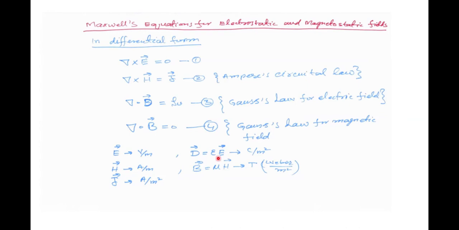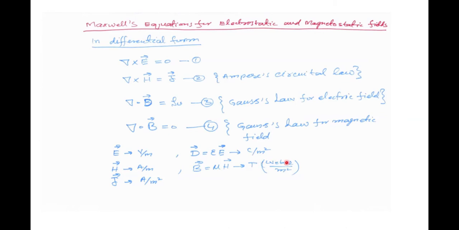D is related to E through the permittivity of insulating material or any other material, and its unit is coulomb per square meter. B, that is magnetic flux density, is related to magnetic field intensity through the permeability of magnetic material, and its unit is Tesla.